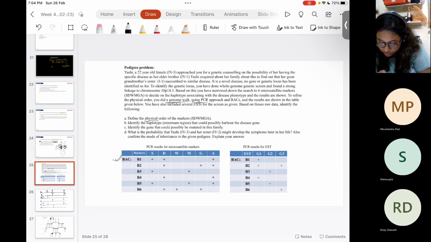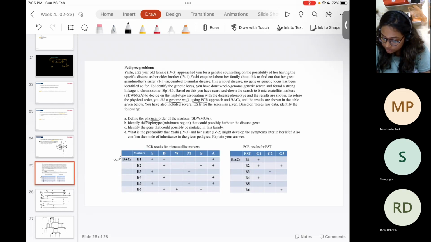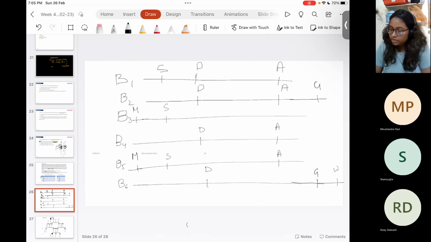No. G, I think I missed marking G. B2 had D, G, A. G could be upstream: D, G, A. Then there is B6, D, W, G: D, G, and somewhere upstream it can be W.